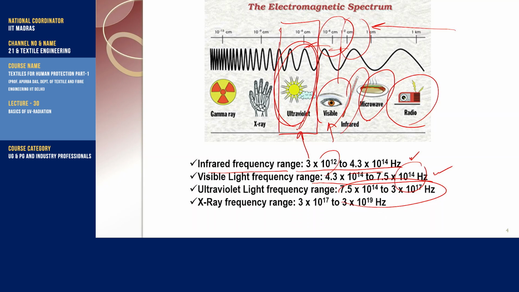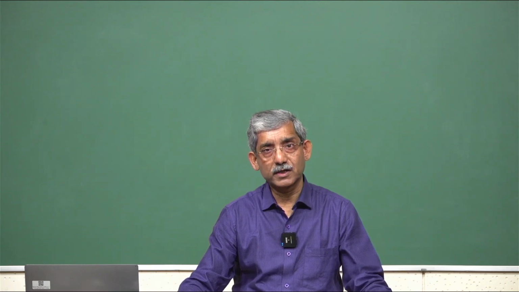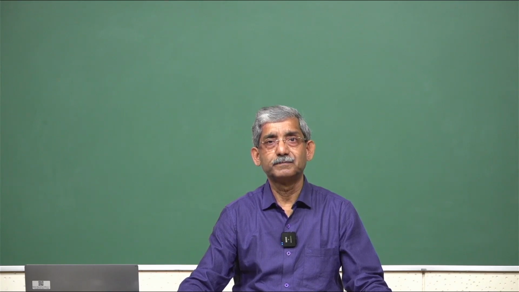X-ray, the frequency is much more, and gamma ray has the maximum frequency. That is why the energy increases as we go from infrared to gamma ray. So, our area of concern is ultraviolet radiation. We will discuss in detail the ultraviolet protection by a textile material.